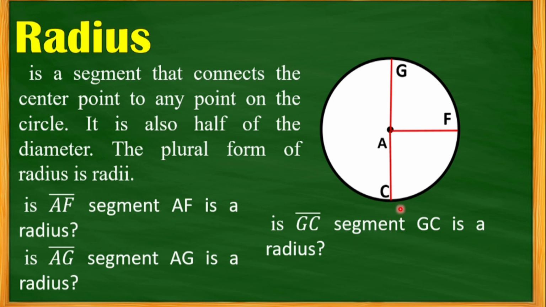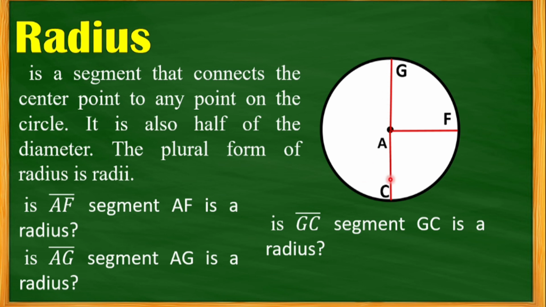Because by the definition of the radius, it is the line segment that connects the center point to any point on the circle. But segment GC is a point on the circle going to another point of the circle. So it does not satisfy the definition of the radius.